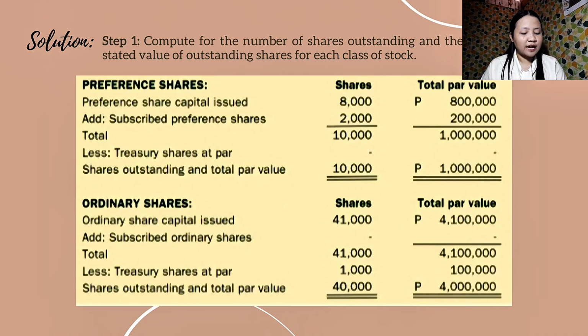Then, we deduct the treasury shares at par of 1,000 shares. So, the total shares outstanding for ordinary shares is 40,000, and the total par value for outstanding ordinary shares is 4 million pesos. So, we solved this so that later on we can apply it to the different dividend rights considerations we need to compute.